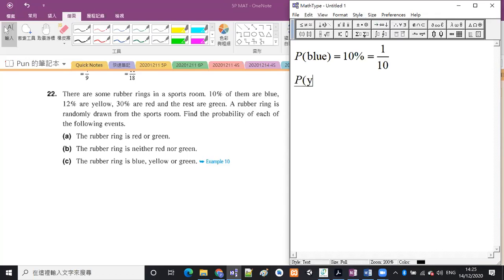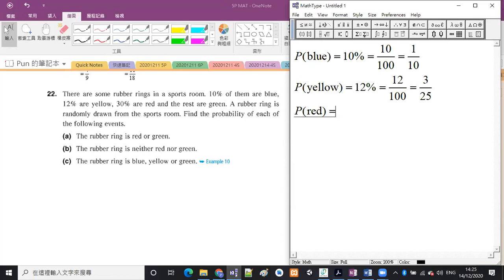And then P yellow is equal to 12% or equal to 12 over 100, that is equal to 3 over 25. Okay, just changing the percentage into fraction. And then the third percentage is about red.